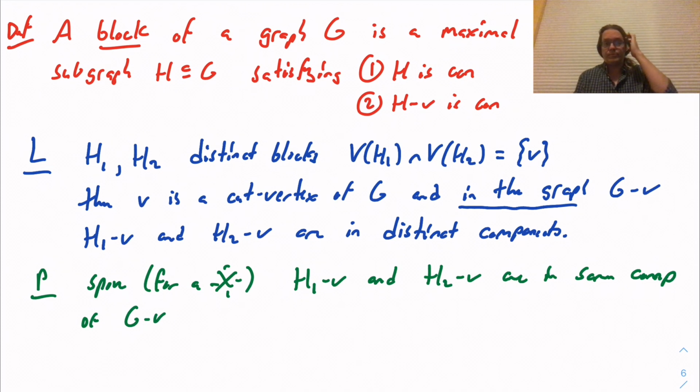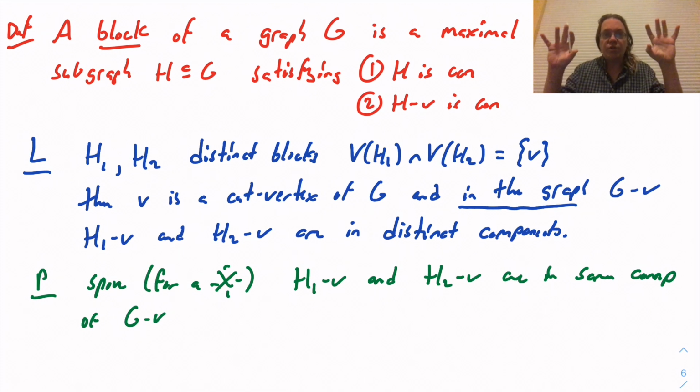Here's H1 minus V, here's H2 minus V. I know that they don't overlap in vertices, right?